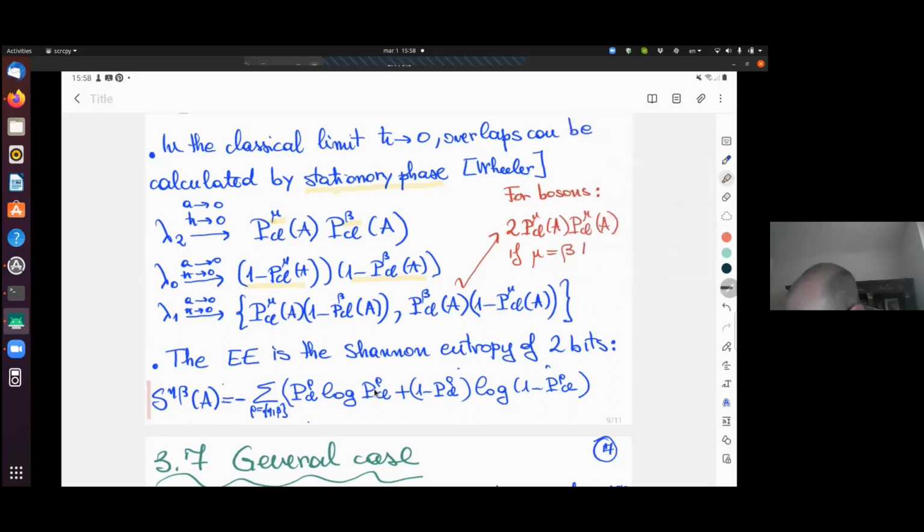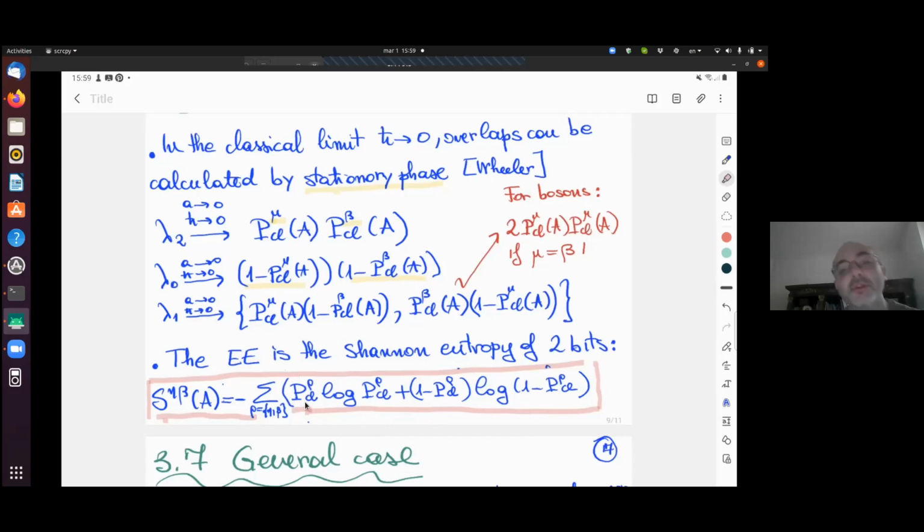So the pure quantum computation reduces, and you can really prove this analytically, in the classical limit, h bar goes to 0, to the Shannon entropy of 2 bits. These are bits with a certain classical probability to be 0 or 1, essentially.